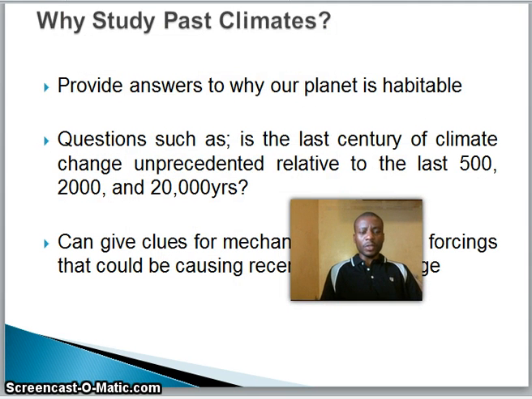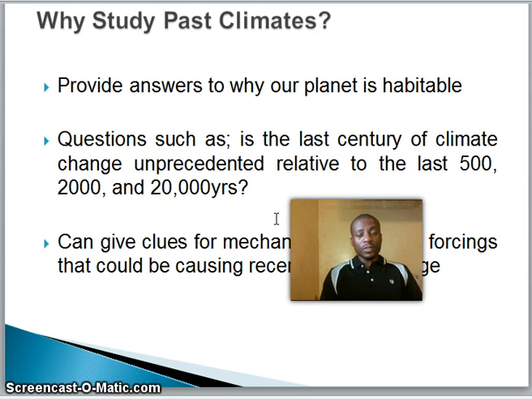Now, why study paleoclimates? We study paleoclimates for a number of reasons. I just outline a few of them here. The first one is to provide answers to why the Earth is the only habitable planet so far, and also to be able to answer questions such as whether the last century has been unprecedented with respect to climate change over the last 500, 2,000, and 20,000 years.